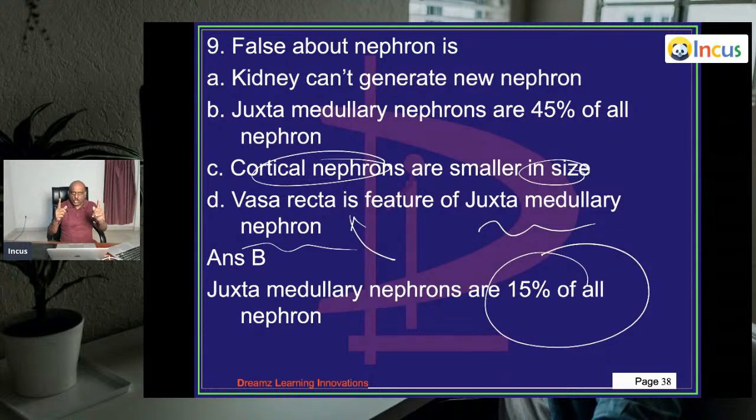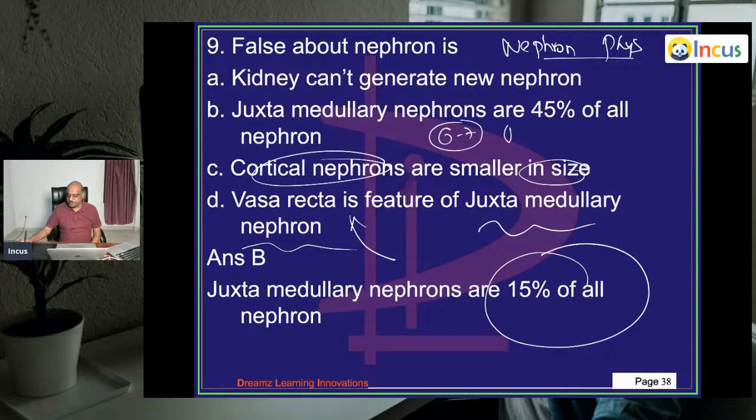Once more, short topic, what is it, tell me, in tomorrow's NEET PG? Nephron physiology, paper out. In NEET PG, at least 6 to 7 questions come from physiology out of 200 questions, doctor.